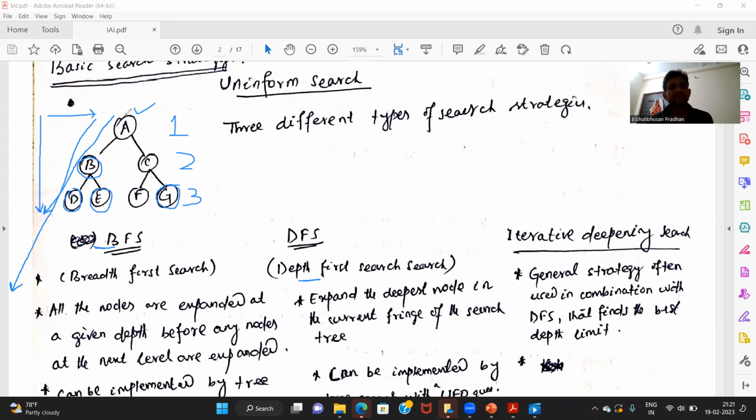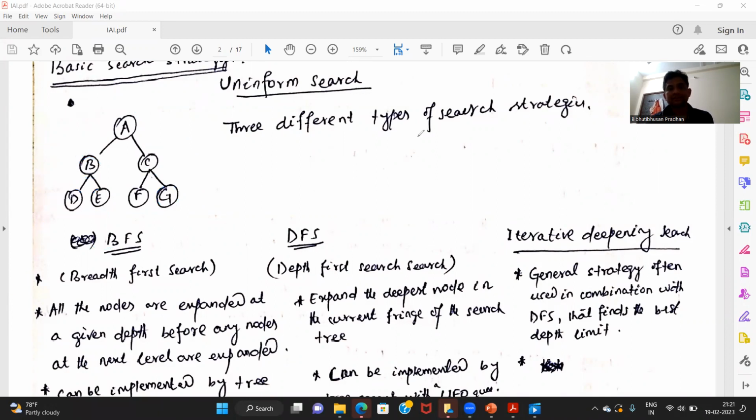In that case, it will be busy searching in one direction only and will never look in the other direction. Suppose our goal node is C, it will never come to the C node. This is the drawback, so it is not a complete strategy.